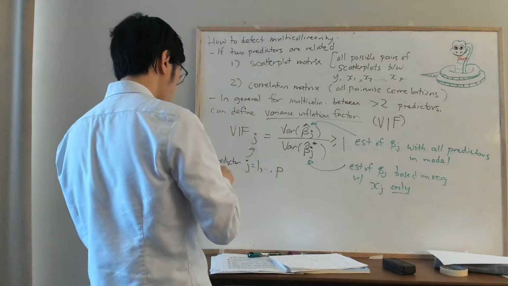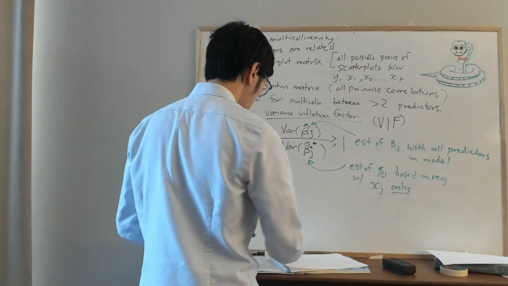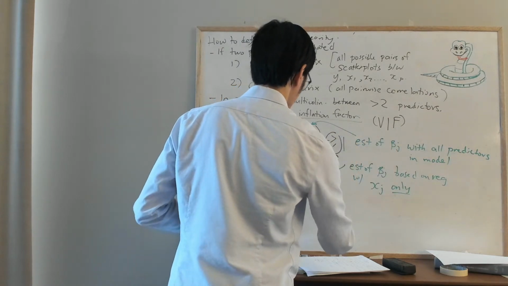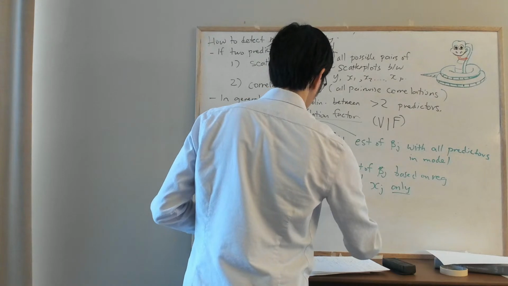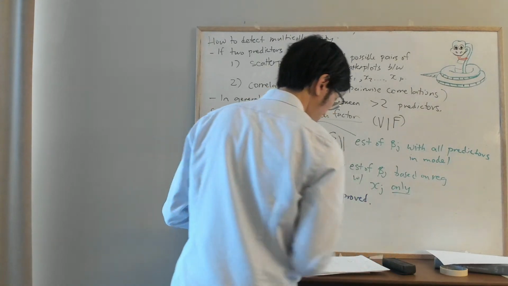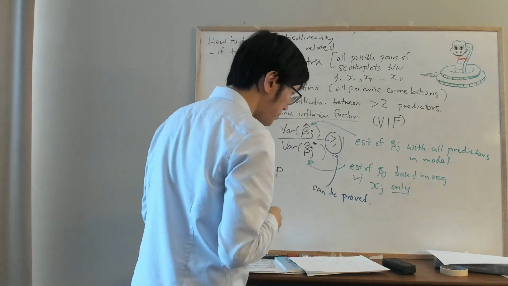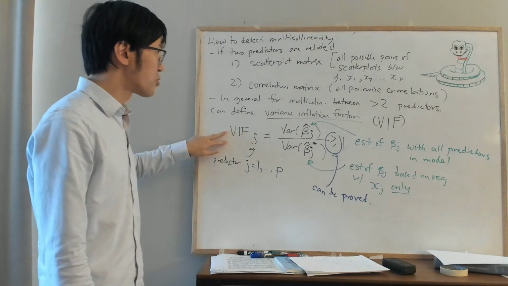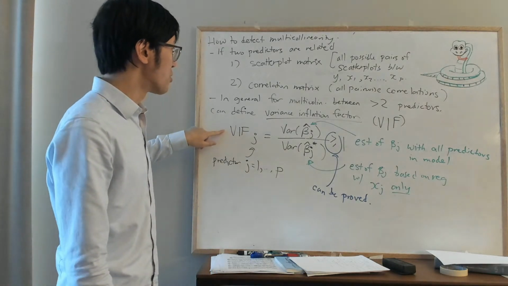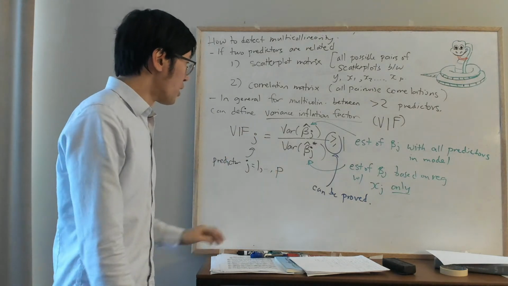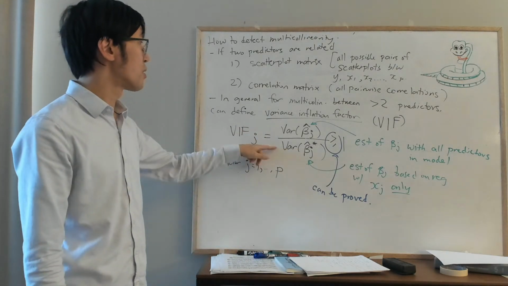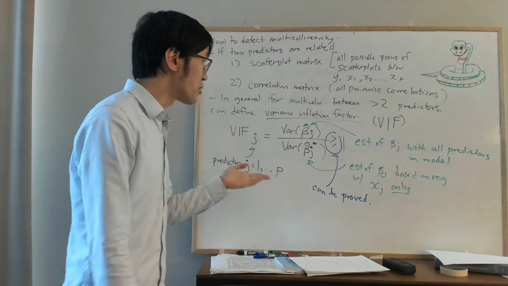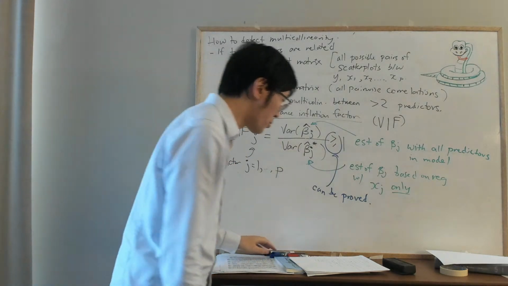This can be proved: the variance will get larger. This gives us intuition behind how to measure just how much the variance grew by adding potentially correlated predictors to our model.